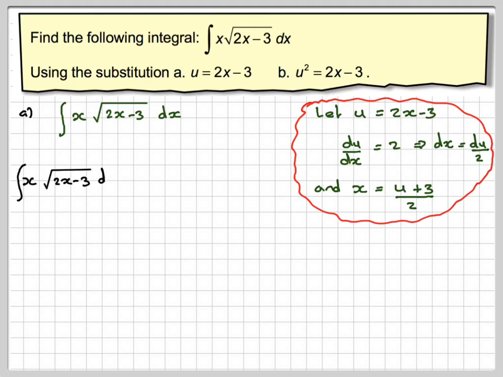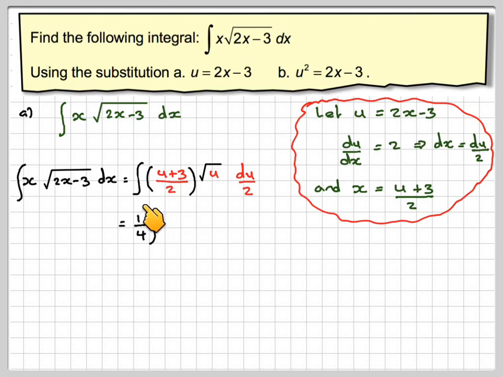Then my integral of x times the square root of 2x minus 3 dx will become the integral of x, which is (u plus 3) over 2. Let's just check why that is equal to that. You take the 3 over, you get u plus 3 divided by 2, times the square root of u, because u is equal to 2x minus 3, times dx, which is du over 2.